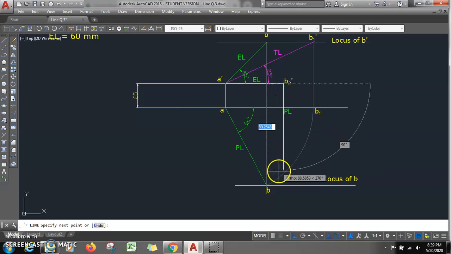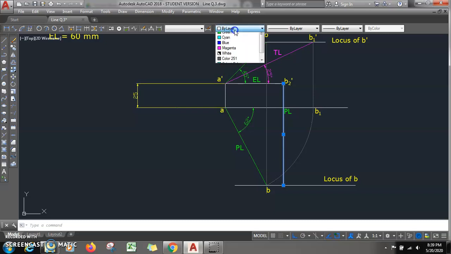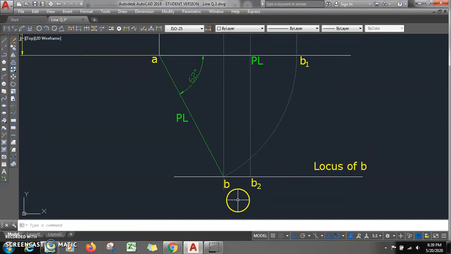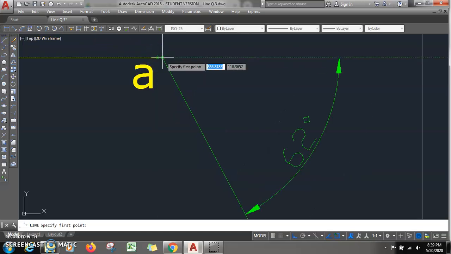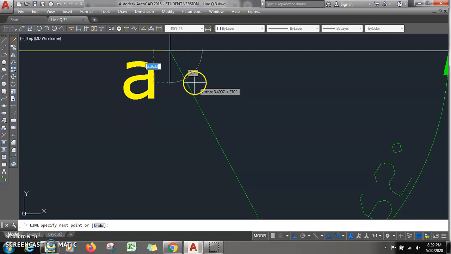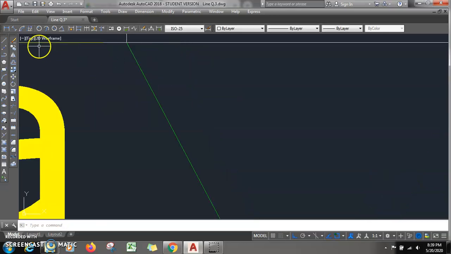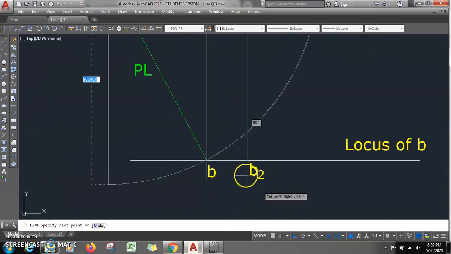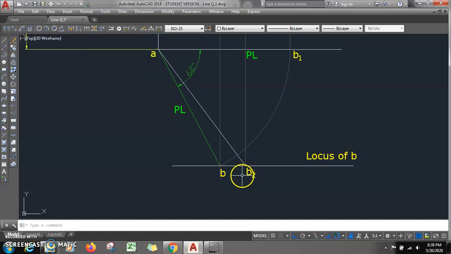From B2 dash, I will draw one vertical, and on the locus of B I will be getting this point, which is called point B2. Join point A with this point B2.